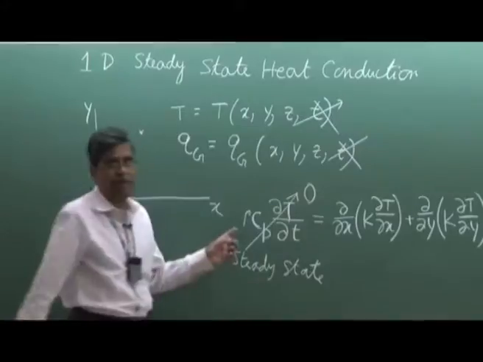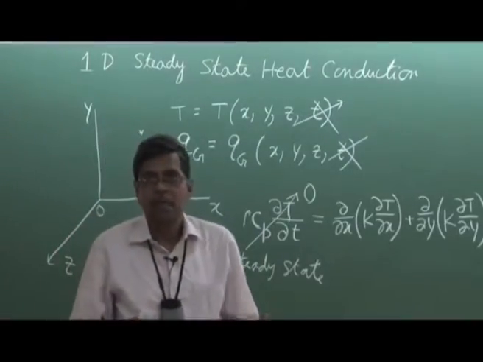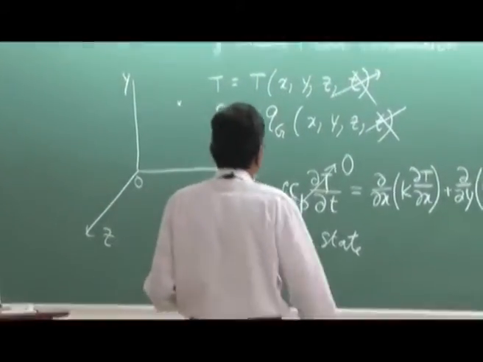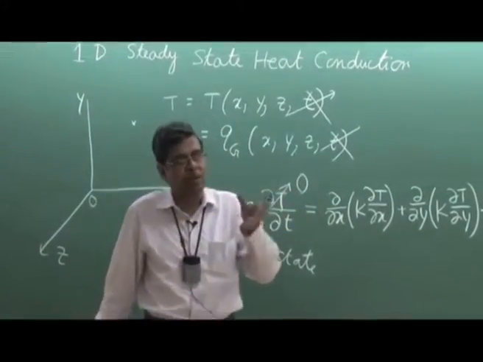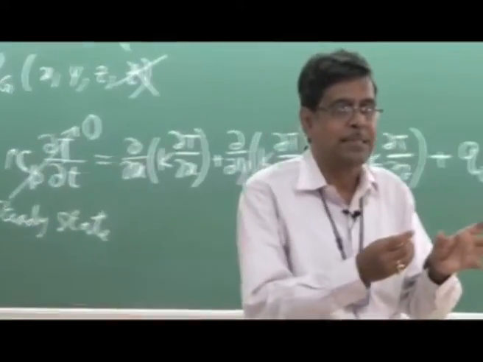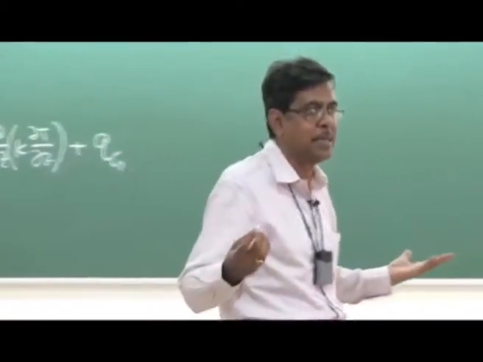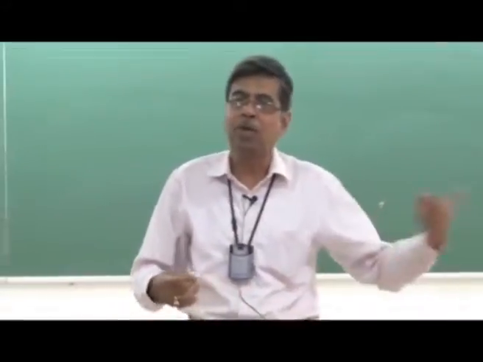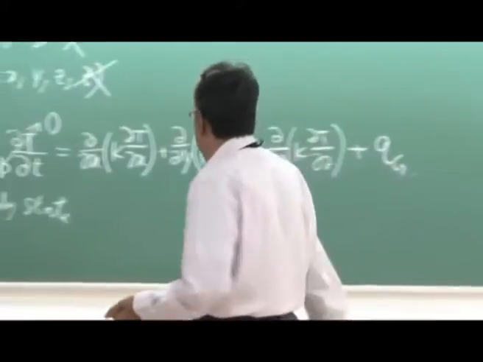This term on the left hand side represents the change of internal energy in the system. So this term will be 0, so that in the element, if you consider it as a control volume or an element in solid, the influx of energy and efflux of energy along with the generation of energy balance each other. If you do not have any generation, whatever is coming in is going out. So that is the principle of steady state, as I already told in one of the earlier classes.